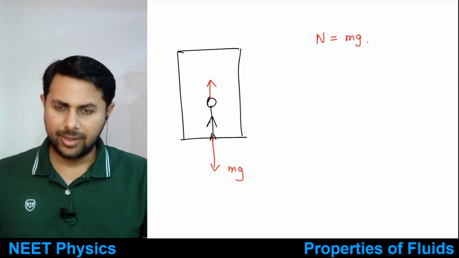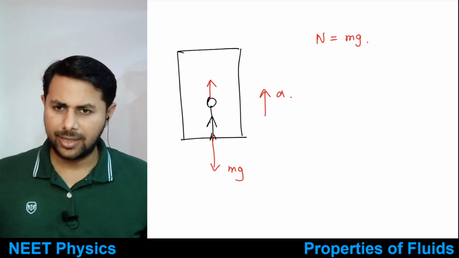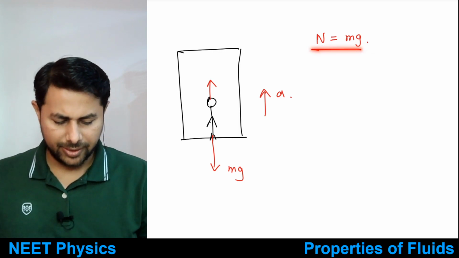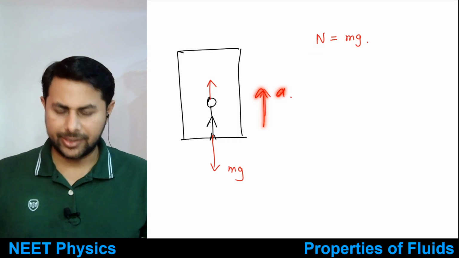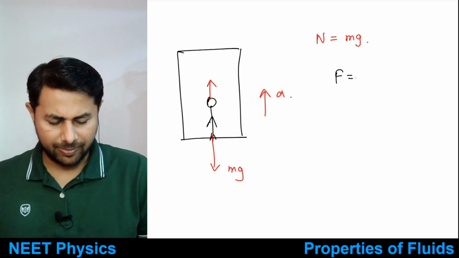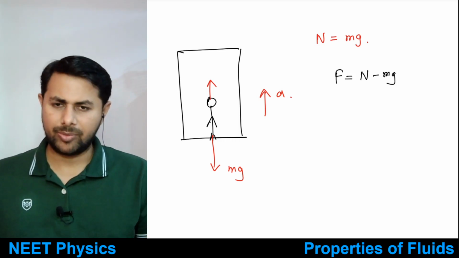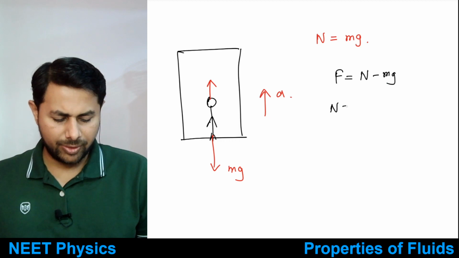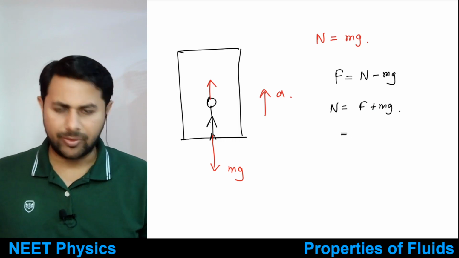But if the lift accelerates upwards, suppose the lift is moving up with acceleration a, then what can we say? F is the net force. It must be equal to N minus mg, the upward force minus the downward force. Therefore N is equal to F plus mg. And what is F? F is mass times acceleration.